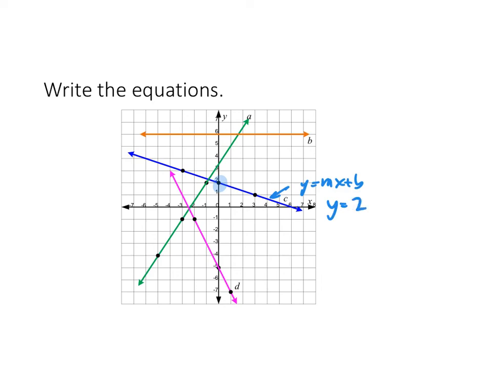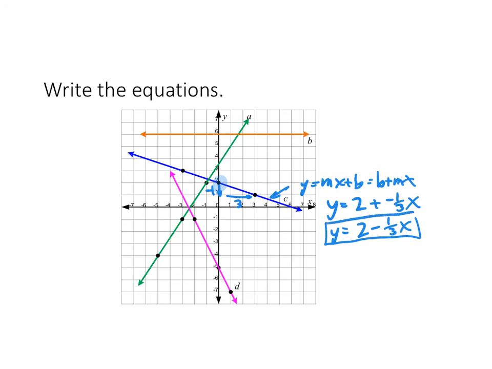The b is 2, and the slope, it goes down 1 over 3. And I probably could just get rid of that plus negative, so just minus 1/3 x. Okay, that's the equation for that first one.